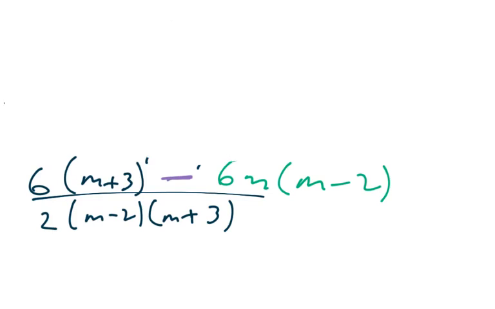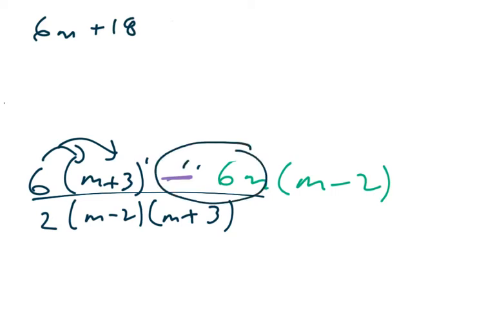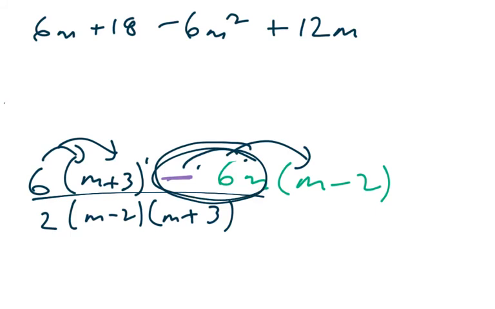Okay, so let's do some distributive property here. 6m plus 18. Let's distribute the minus 6m here. Minus 6m squared plus 12m, minus 6 times minus 2 is plus 12m, right?